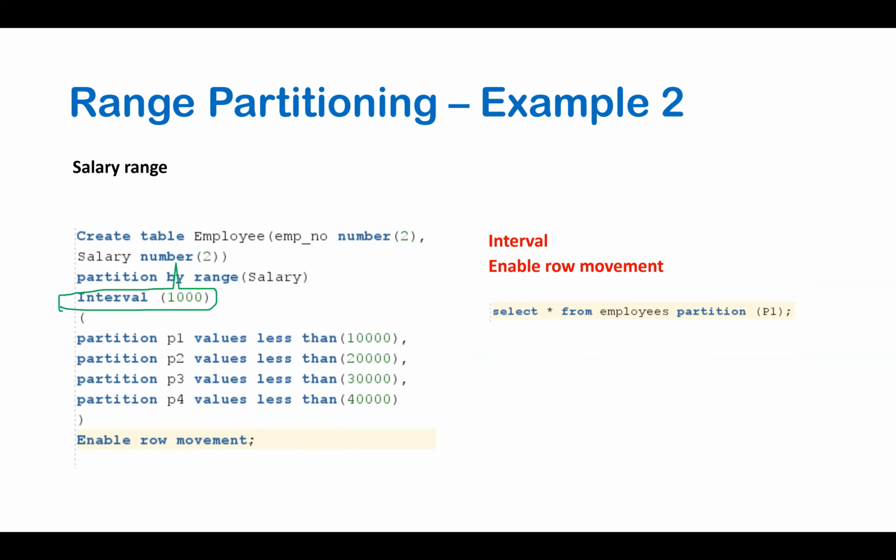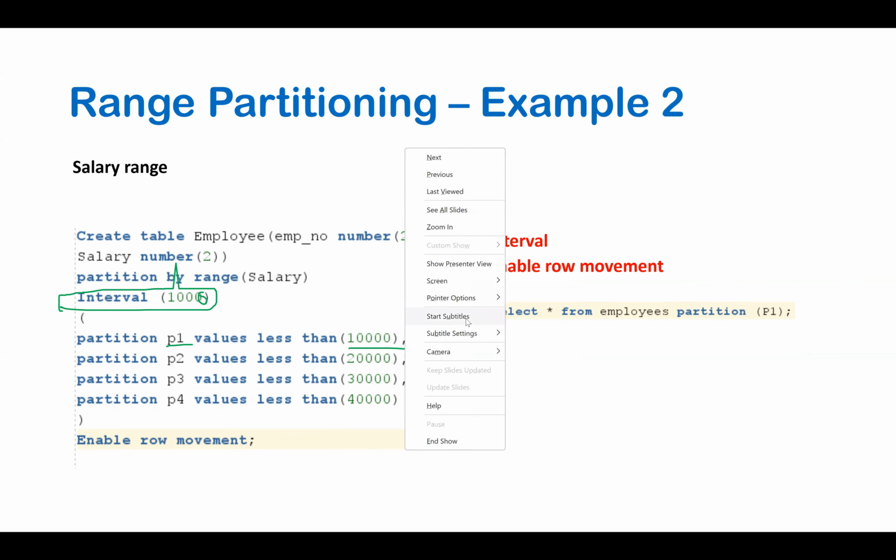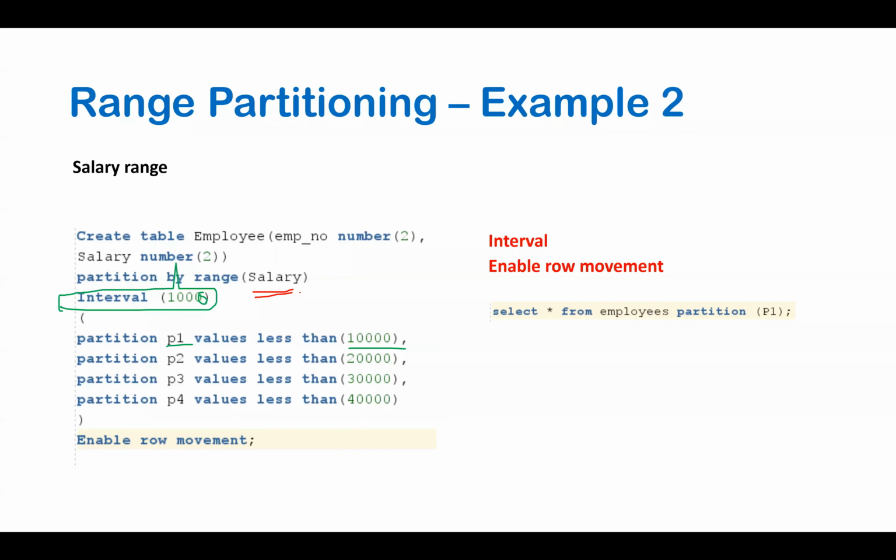So how much is the interval? Here it is 10,000, not 1000. It's 10,000. See here, partition one will go up to 10,000. It will go to that partition. That means what is the partition key here? Which one is the partition key? The partition key is salary here, right? You can see the salary here. How many partitions have we created? 4 partitions.